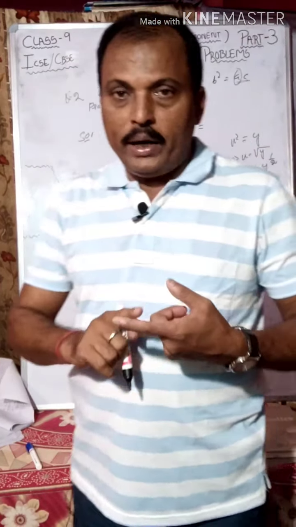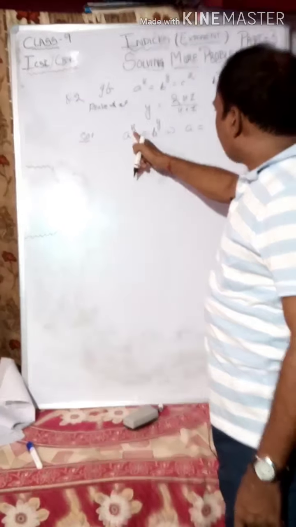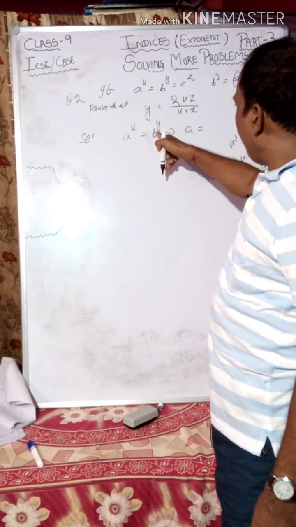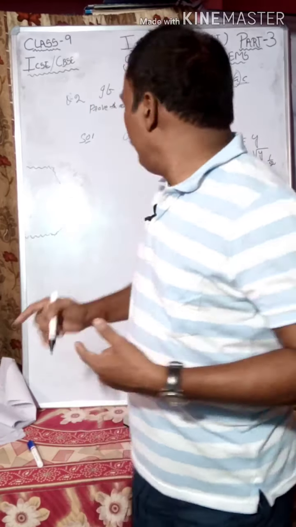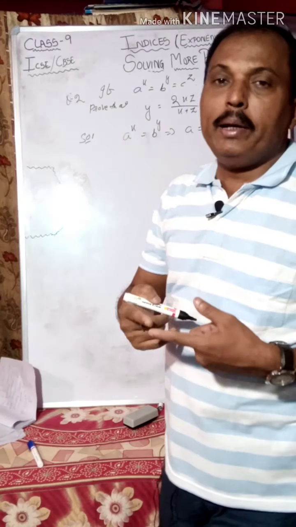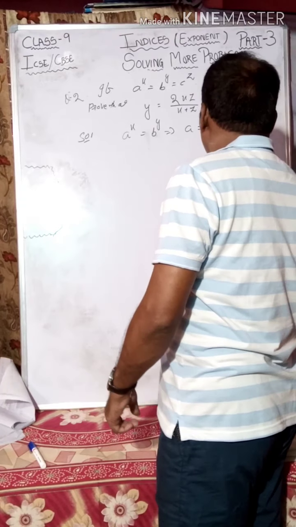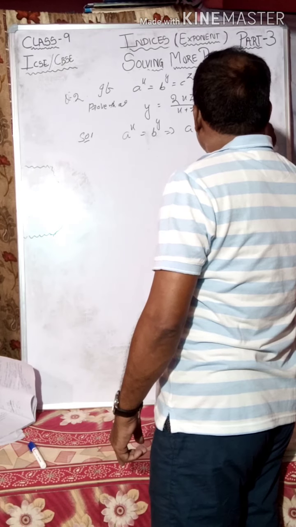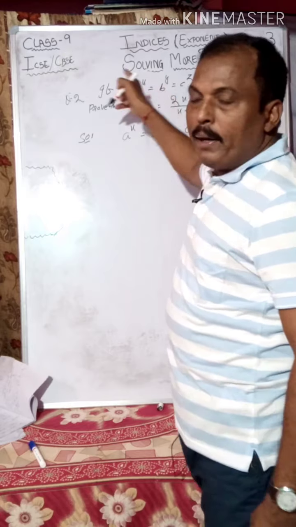Here a to the power x is equal to b to the power y. If you omit x, it will be the x root of b to the power y, so the power goes to the denominator. a is equal to b to the power y upon x. This is equation 1.